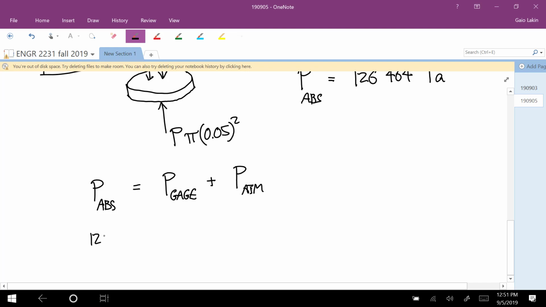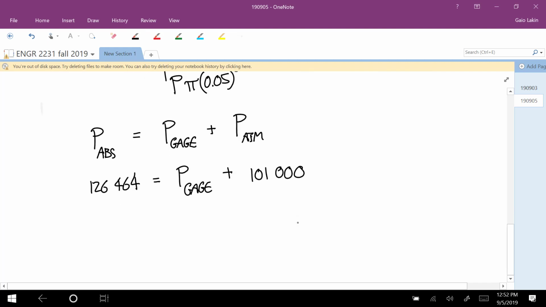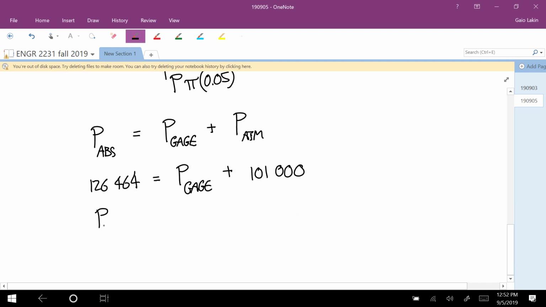And so 126,464 is equal to the gauge pressure plus 1.01 times 10 to the 5th, I'll write it in the same notation as the other one, plus 101,000. And so P gauge is 25,464 pascals.